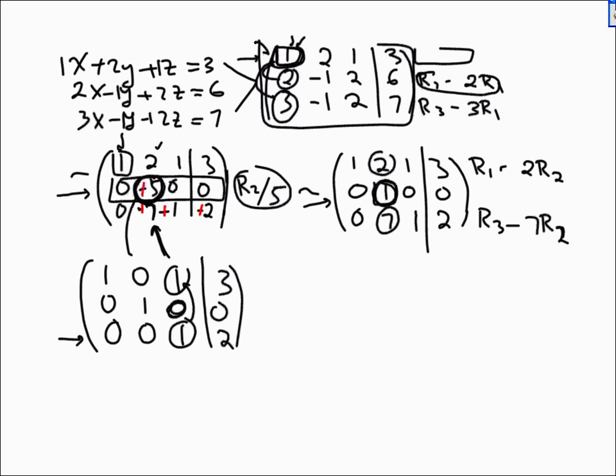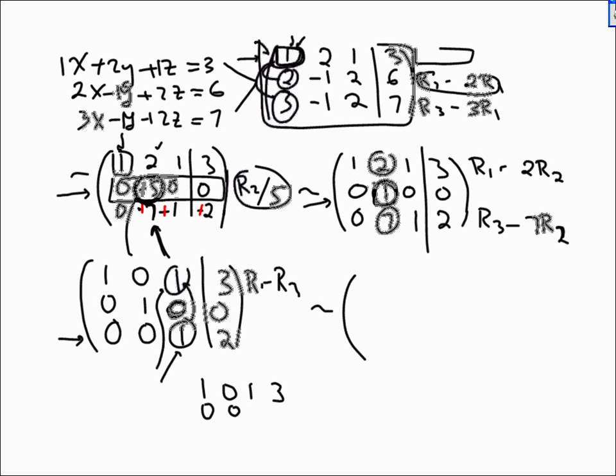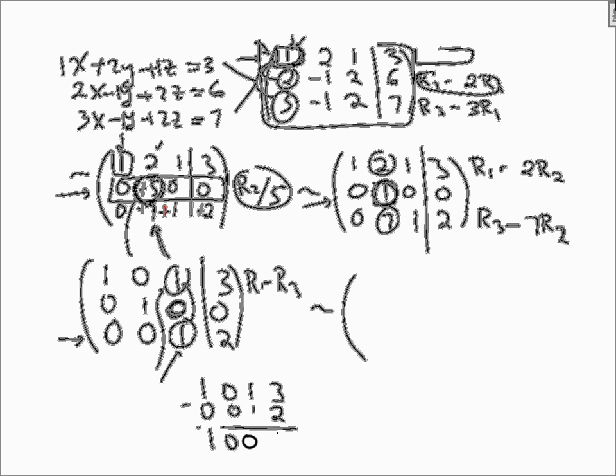This entry and this entry are 1. I'll just do row 1 minus row 3. Here is row 1. Here is row 3. If I subtract, I get 1, 0, 0, 1.